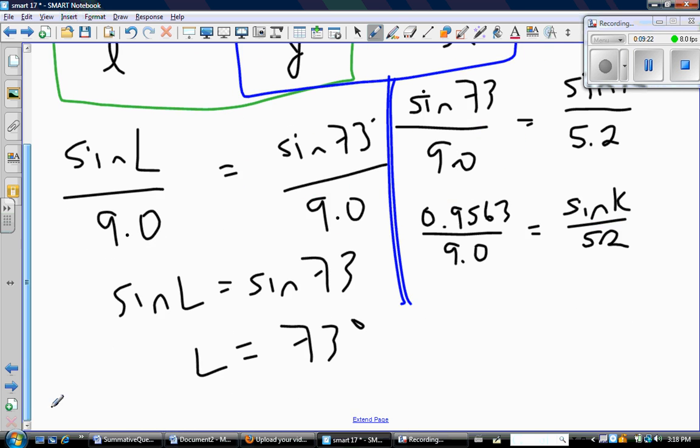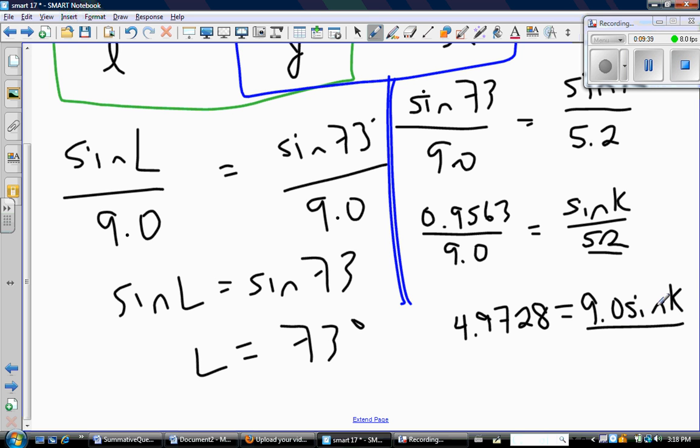So 0.9563 times 5.2 gives me 4.9728. And 9.0 times sine k gives me 9.0 times sine k. So I'm trying to isolate sine k so that eventually I can isolate k. So that means I need to get rid of 9.0. So I'm going to divide both sides by 9.0. And what does that give me?